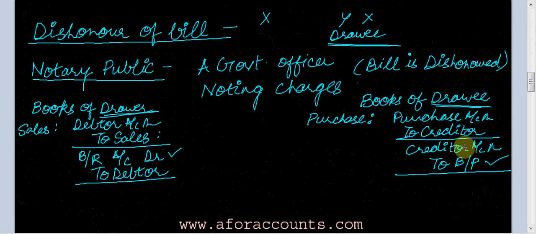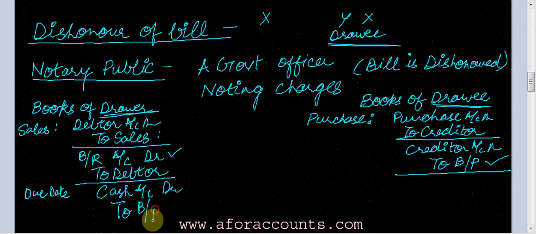Okay, now on due date you will receive the amount. On receiving the amount, the entry will be cash account debit, and the debtor is no more in the picture. It is the bills receivable now. So I am getting the amount from the bills receivable: cash account debit to bills receivable. Bills receivable are my asset.